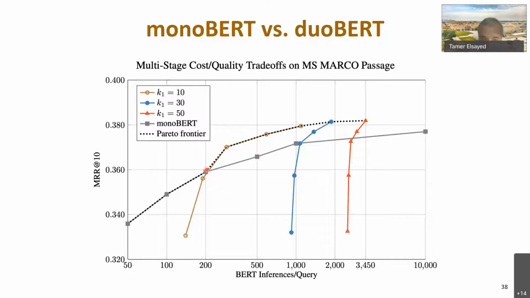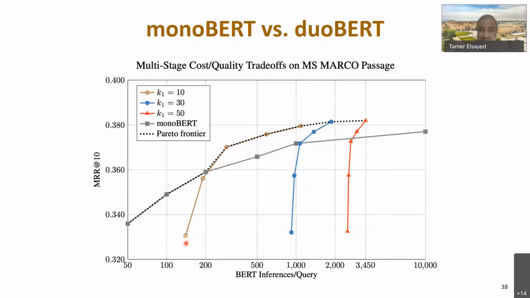The different points here correspond to different K0 values. K0 is the list that mono BERT takes. The first one is 50, the second one is 100, the third one is 200, and so on. The same exact numbers that are here, but now the value is the sum for both mono BERT plus duo BERT.